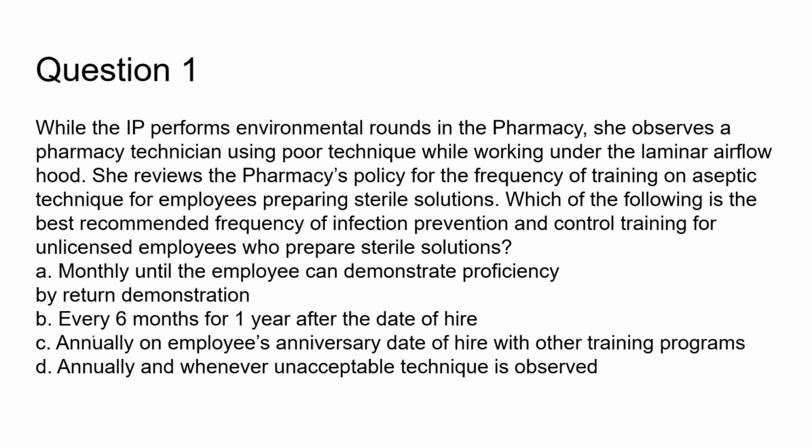A is monthly until the employee can demonstrate proficiency by return demonstration. B, every 6 months for 1 year after the date of hire. C, annually on employee's anniversary date of hire with other training programs. Or D, annually and whenever unacceptable technique is observed.